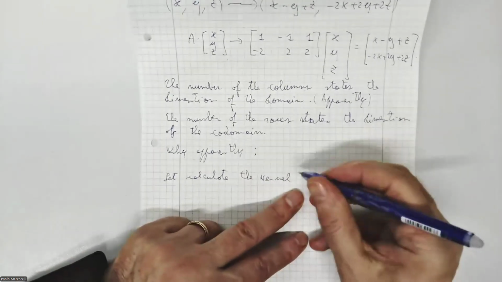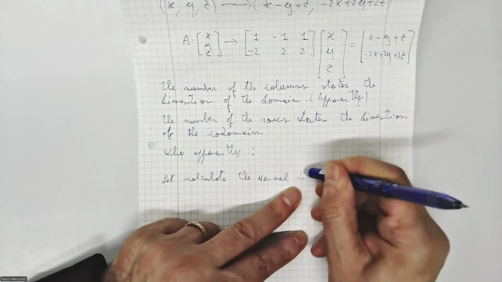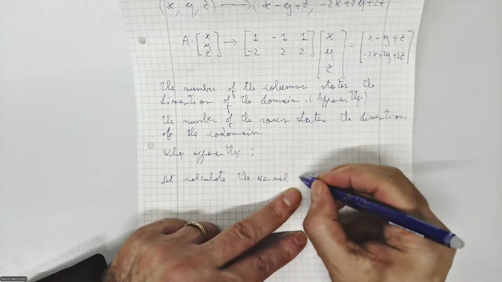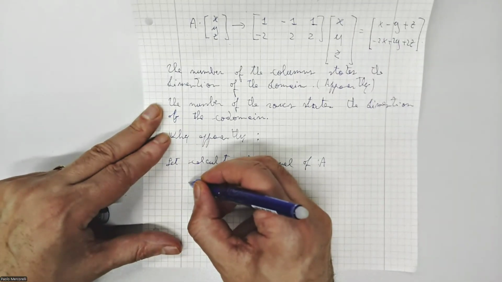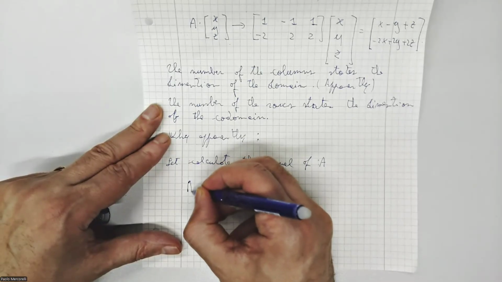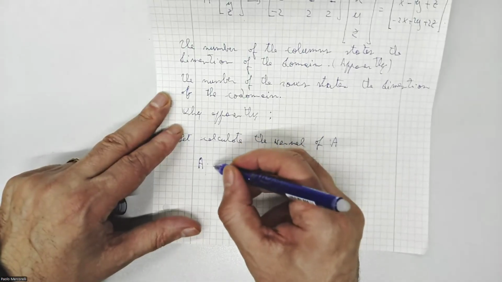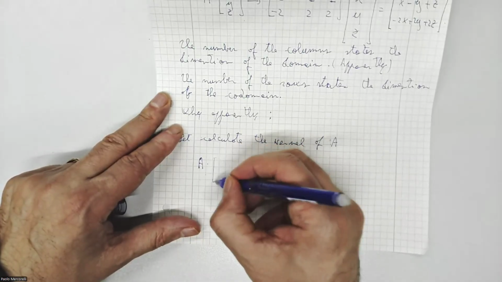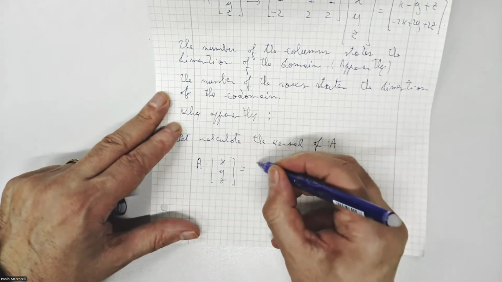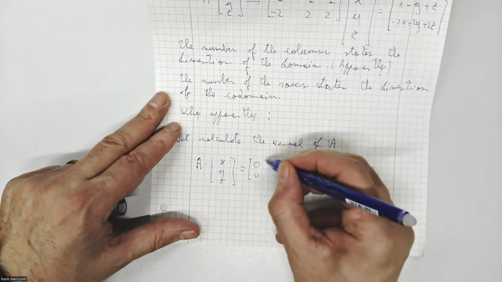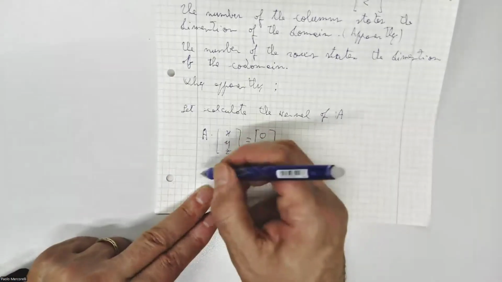Very often I do the kernel of A. This means A multiplied by x, y, z must be 0, 0. Remember, I have to calculate x, y, z which is transformed into 0, 0.